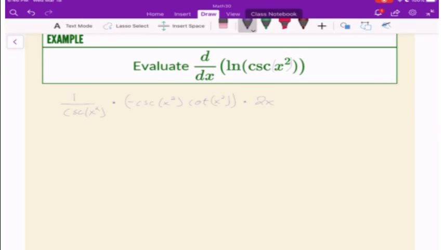So notice, got cosecant down at the bottom times cosecant on the top. That leaves me with negative cotangent of x squared times 2x, or a better way to write it is negative 2x cotan of x squared.